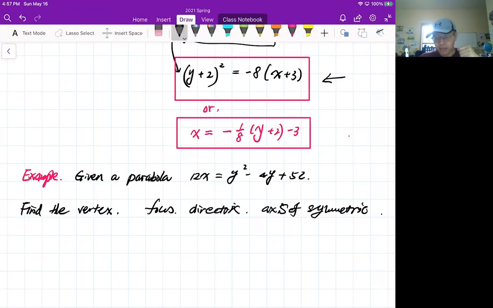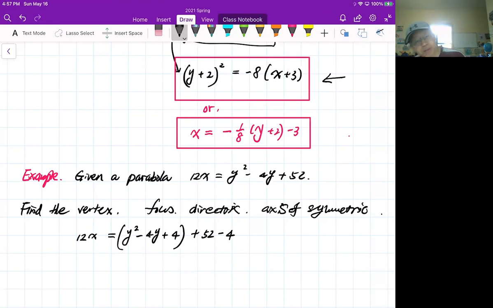So let's see, how can you do this? 12x equals y squared minus 4y. In order to complete the square, I need to add 4. And if I add 4 from the first group, I should subtract 4 from the other group, so that the 4 and 4 can be canceled out, right?